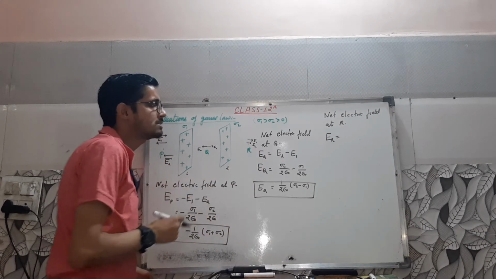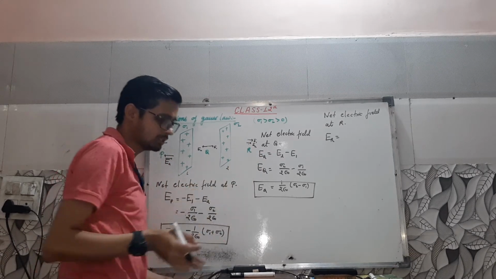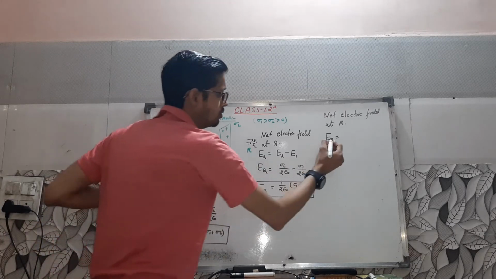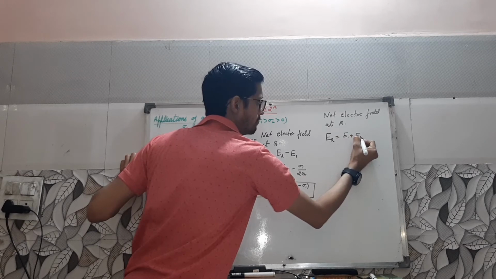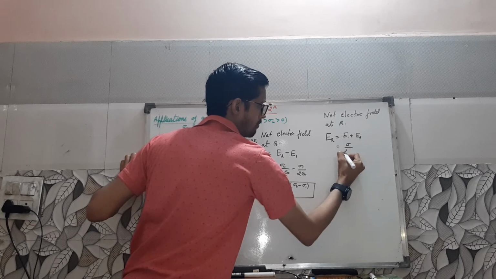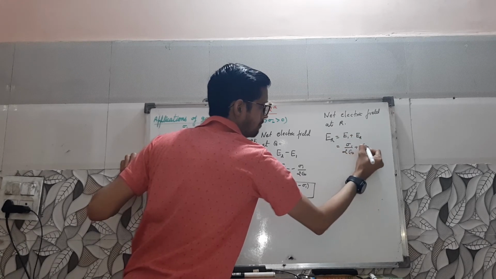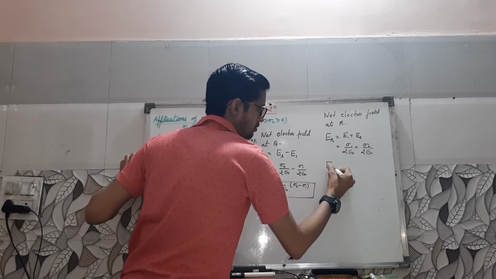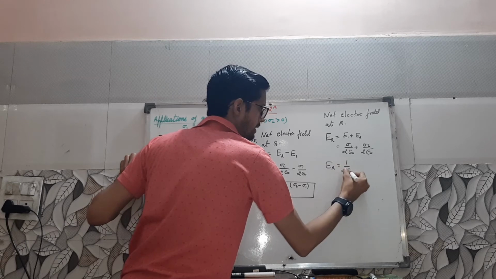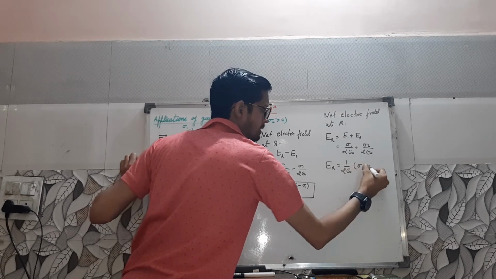So in this case both directions will be same, so the fields will be added. So it comes out 1 upon 2 epsilon naught within bracket sigma 1 plus sigma 2.